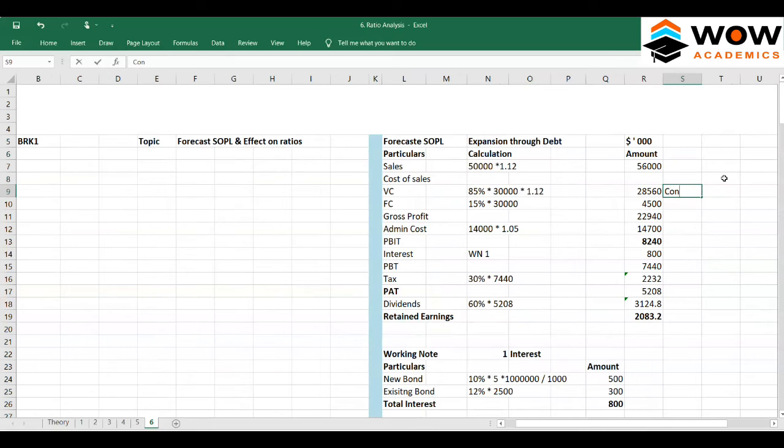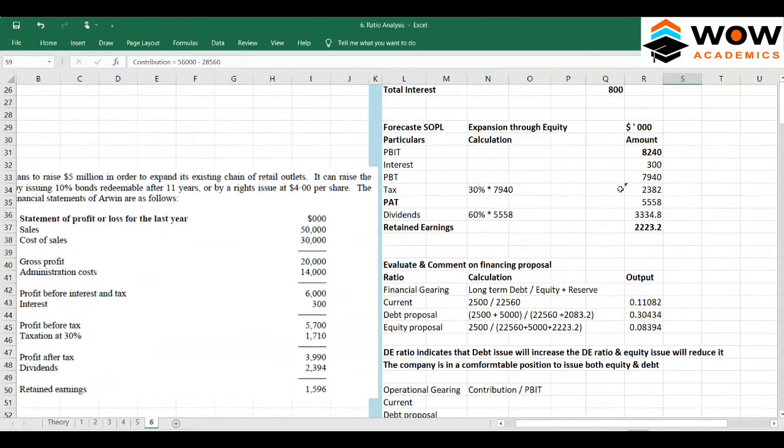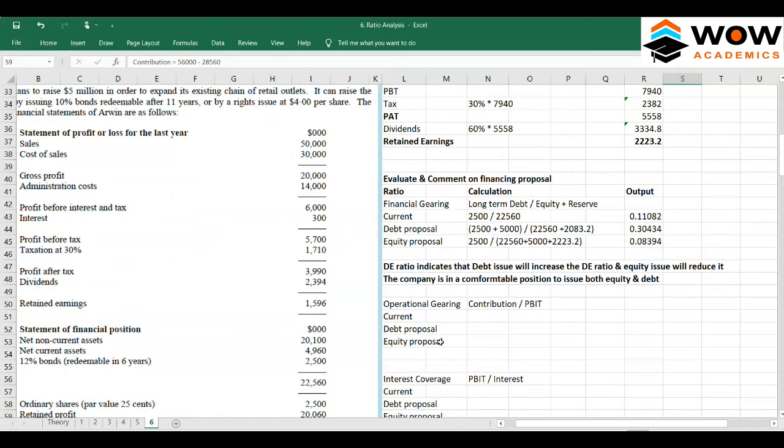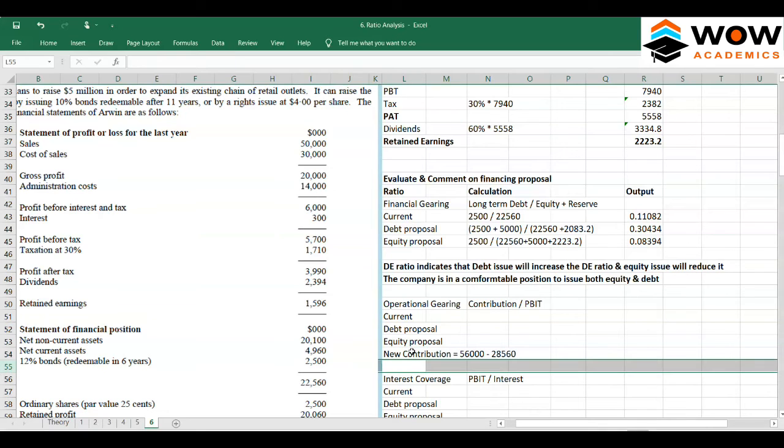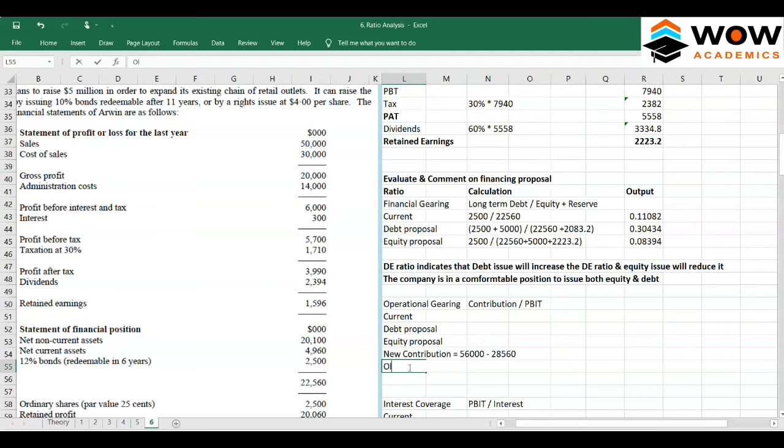So contribution is equal to the sales number minus the variable cost. Okay, so this is the new contribution. Let's see about the old contribution.